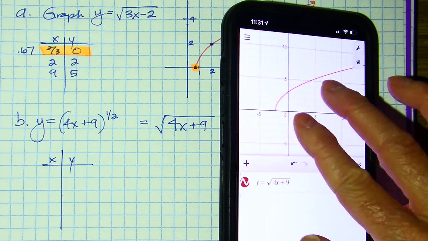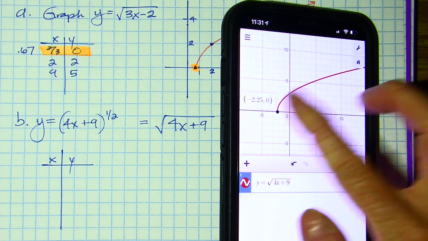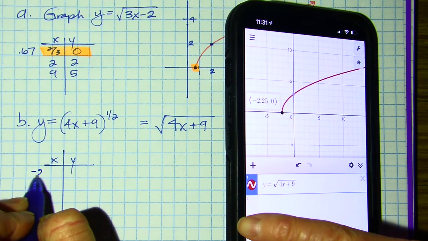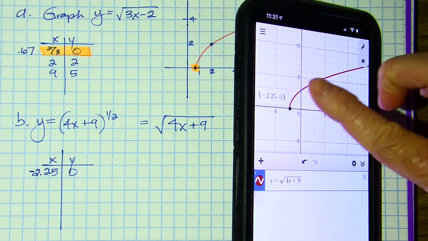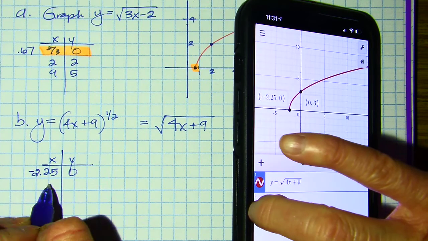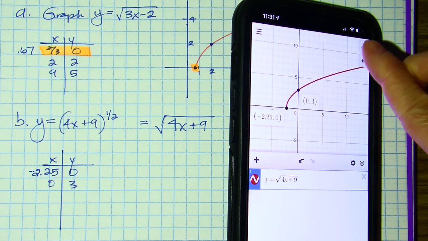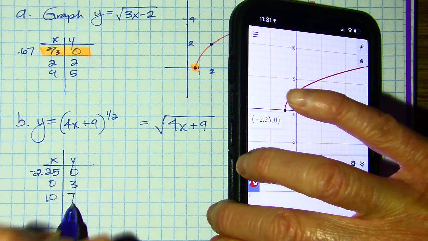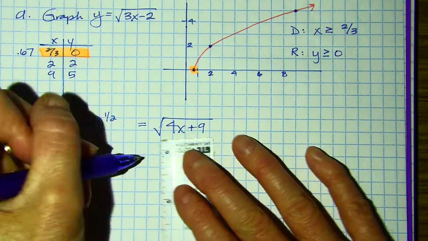And then I'm going to zoom out up here. And I'm going to find where that first point is. I'm going to click on it. Okay, negative 2.25 and 0. And this next point looks like it's at 0.3. And then this next point looks like it's at 10.7. Okay, and so those are the only points I'm going to graph.